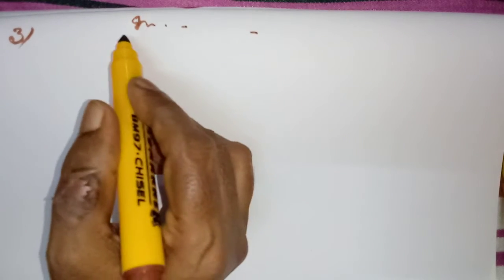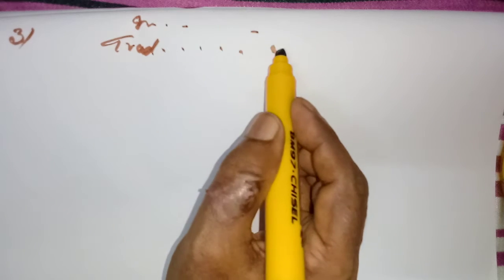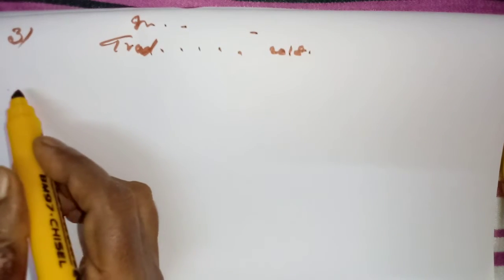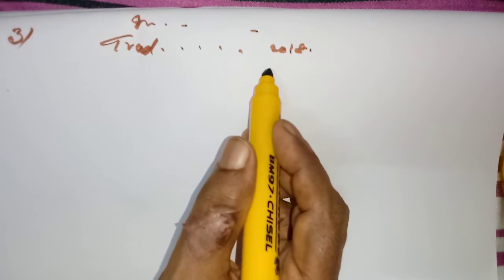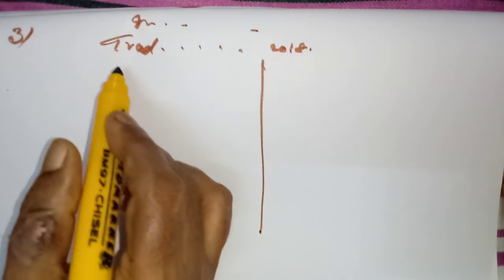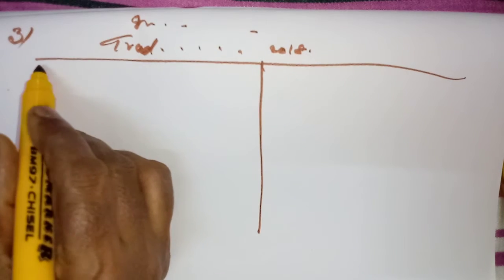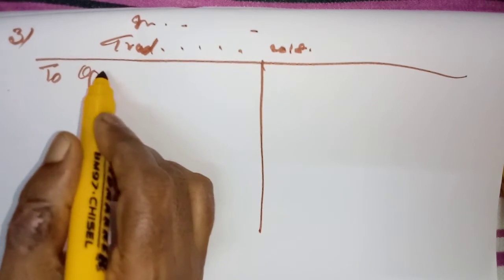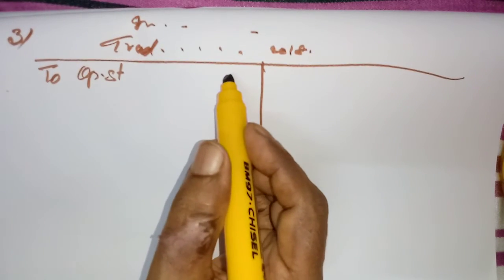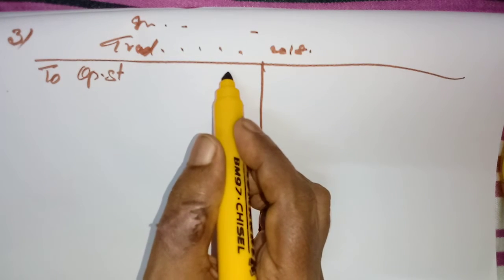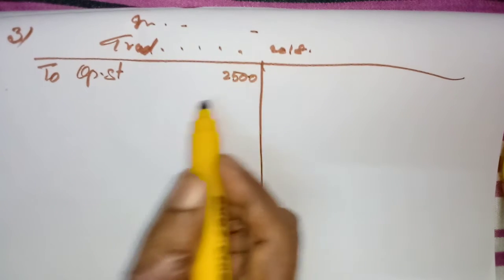Then trading account for the year ended 31st March 2018. Up to that you write. Then you have to divide the page into 2. First item, to opening stock. In the last second column you write 2,500.